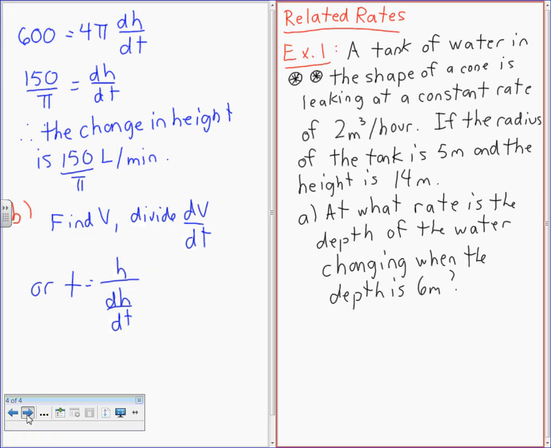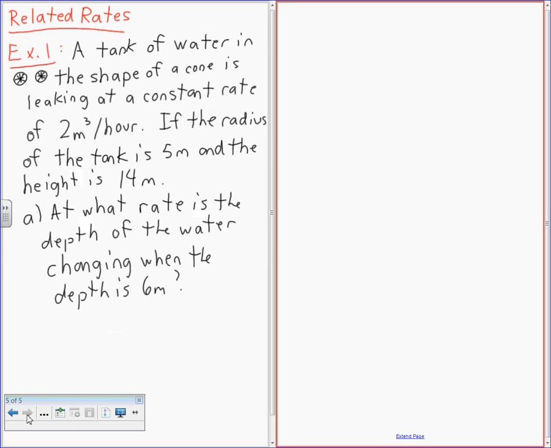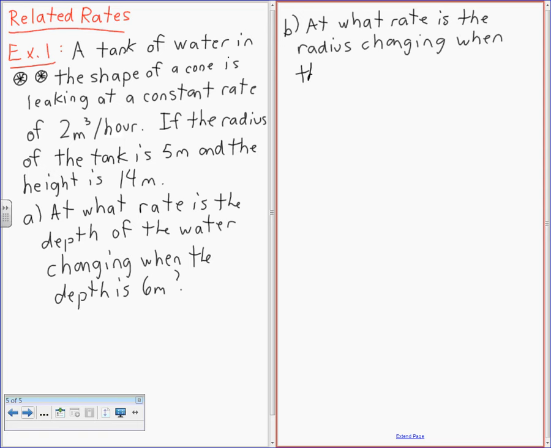B. At what rate is the radius changing when the depth of the water is 6 meters.